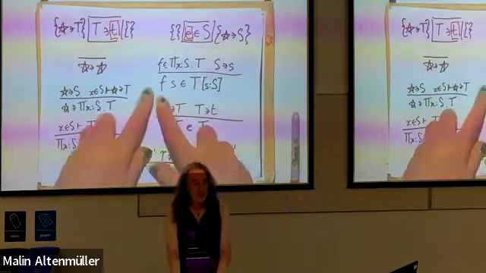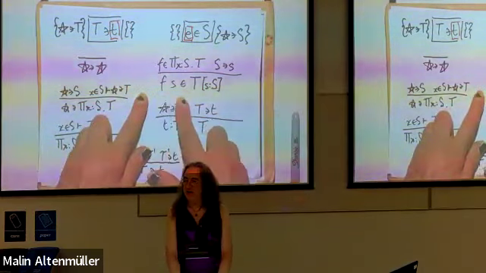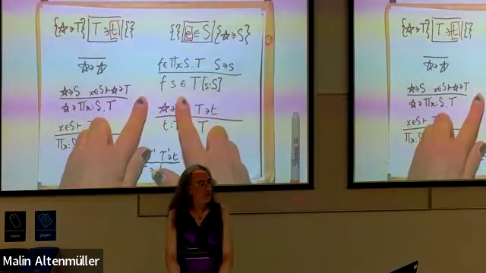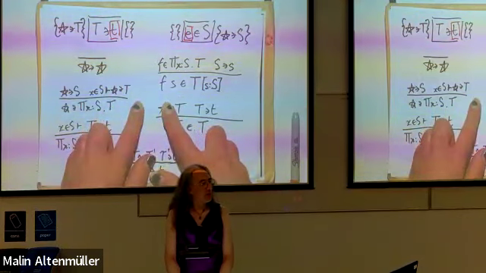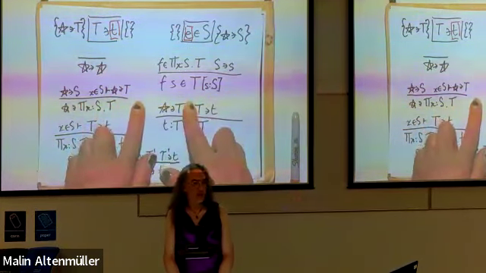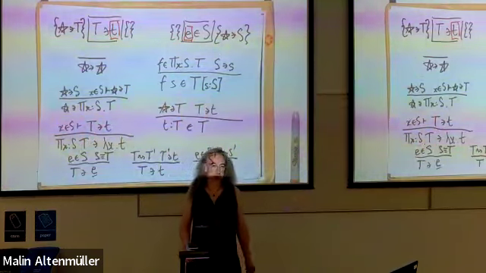Because if we know that f of s takes a single step, then either f takes a step or s takes a step, but not both.